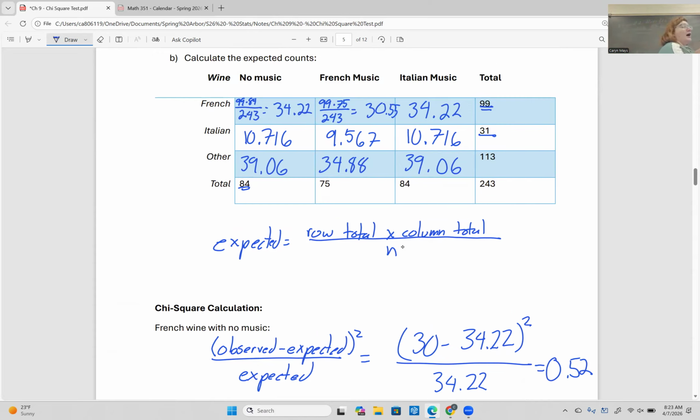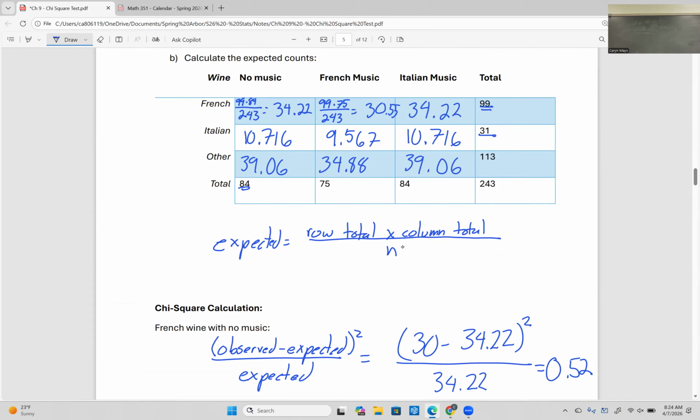So a lot of times problems will break down to find the chi-square statistic for just one cell or one column, to take out how long the process is.